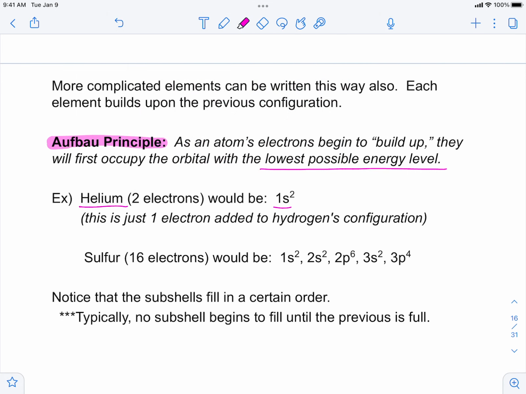That's a term you need to know. Always start counting your electrons from the lowest energy level, and your lowest energy level is 1s. So we write 1s and we write a 2 because 2 indicates there's 2 electrons in 1s.